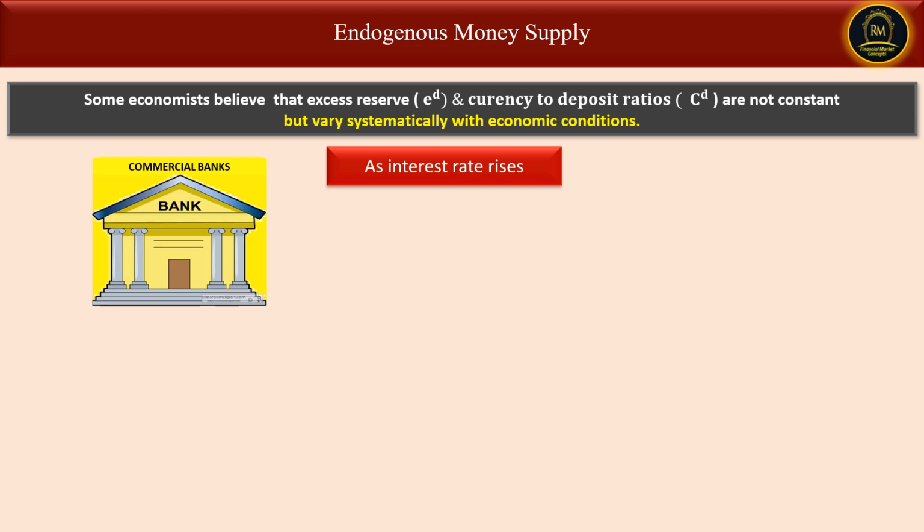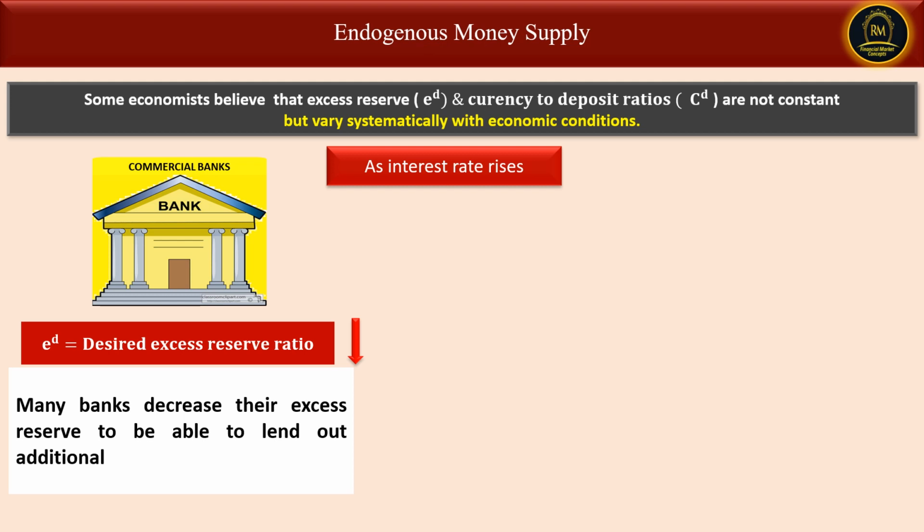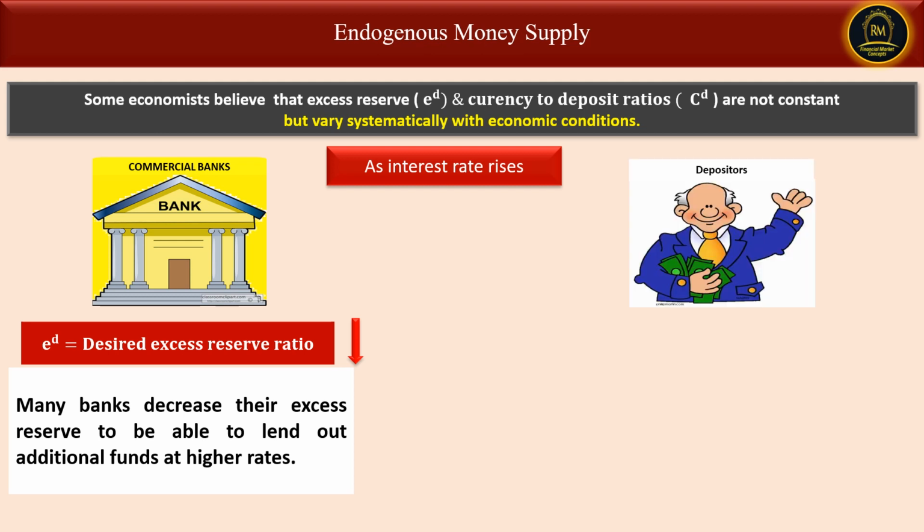Suppose there is a rise in the interest rate. Commercial banks will reduce their excess reserve. The desire for excess reserve will fall. Why? Because banks decrease their excess reserve to be able to lend out additional funds at higher rates.